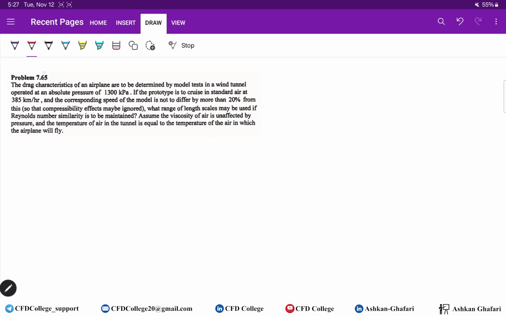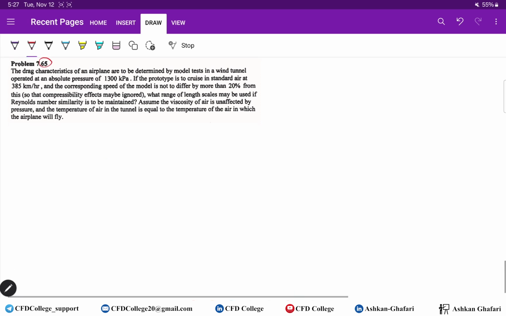Problem number 65. The drag characteristics of an airplane are to be determined by model test in a wind tunnel operated at an absolute pressure of 1,300 kilopascals. So this is the absolute pressure.